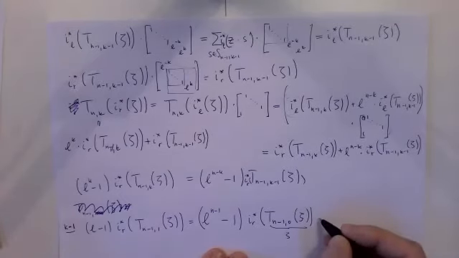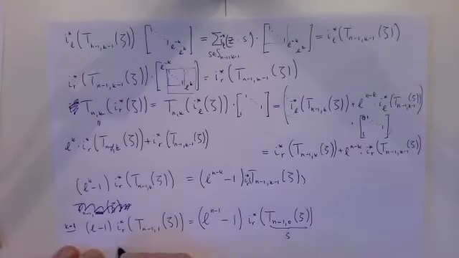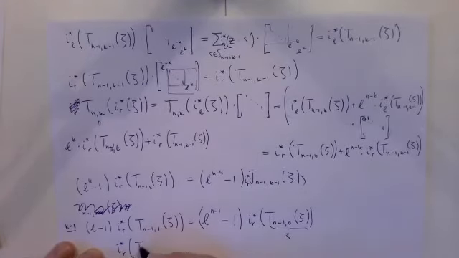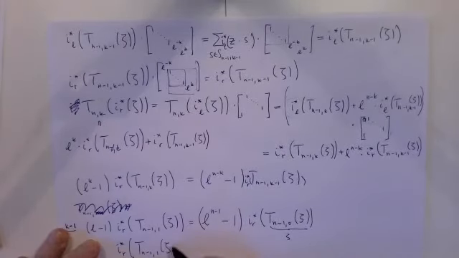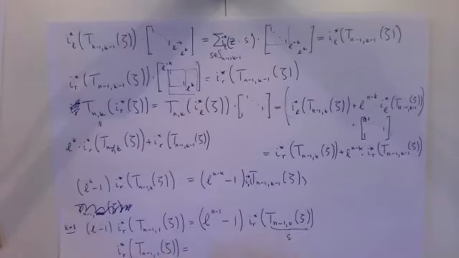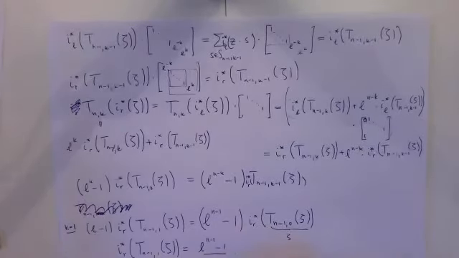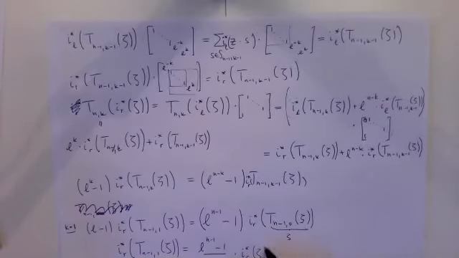And so I get that I_R of T_{n-1} zeta is equal to (L^{n-1} minus 1) over (L minus 1) times I star R zeta.